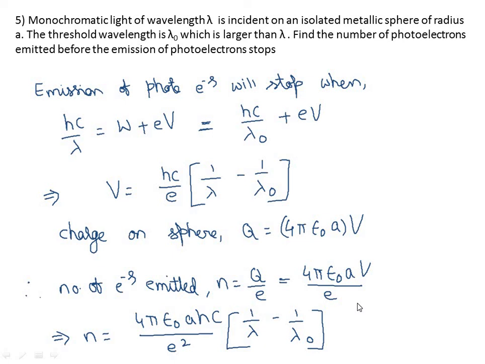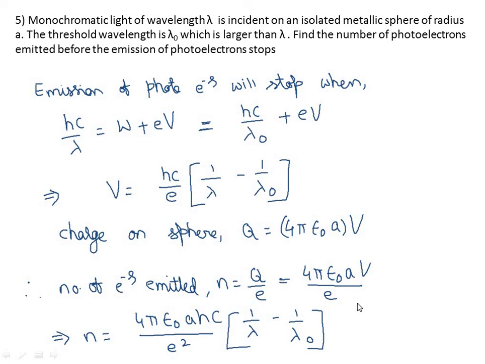First of all, look at the given condition carefully. As the metal sphere is isolated, it will be positively charged when electrons are ejected from it. When electrons are ejected from it, there is an extra attractive force on the photoelectrons, isn't it?